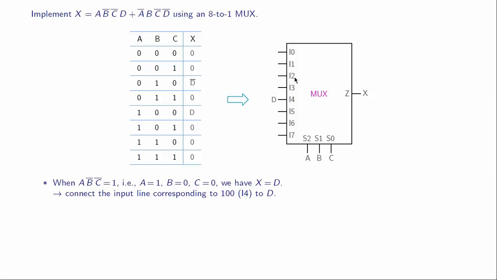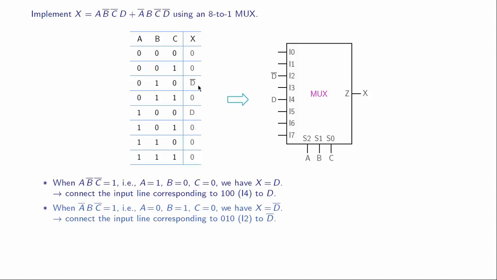So line I2 should then be connected to D bar, like that. And in all other cases, x should be 0, and therefore we connect all other input pins to 0, like that. So that is our design. And once again, since this order is the same as this order, we could have actually just reproduced this column over here rather than looking at each of these minterms once again.